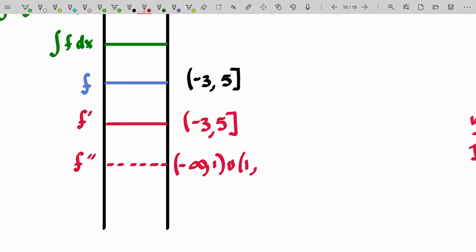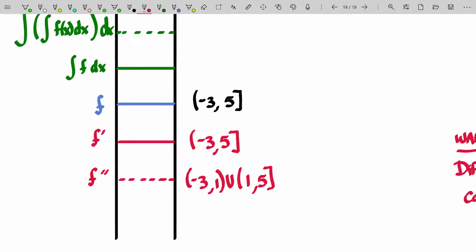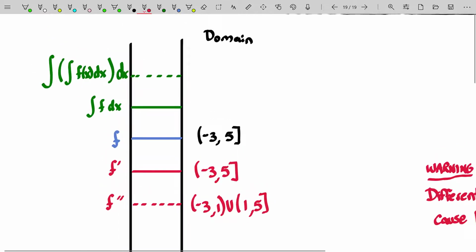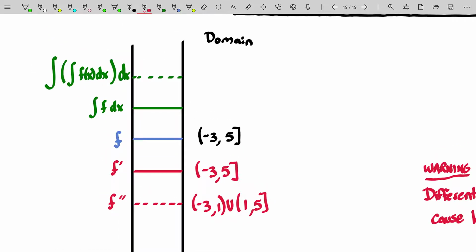That's fine. But if you took one more derivative, it might end up losing a center out of that domain, or it could lose an edge. That's something to note: you could lose a center or an edge, or who knows, it could actually lose both in a single step. So when you take derivatives, just be aware that you could lose pieces of your domain.